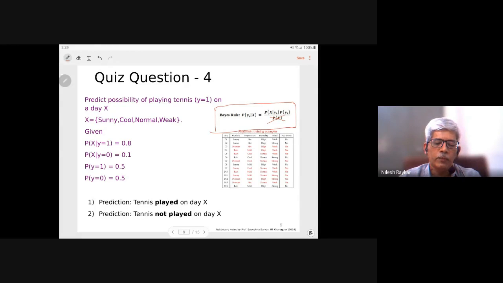We want to predict the probability of playing tennis, y equal to 1. You have been given the data which pertains to the numerator of the Bayes theorem. Based on Bayes theorem, on the pattern which is given, sunny, cool, normal and weak, you have to tell whether one would play tennis or not.